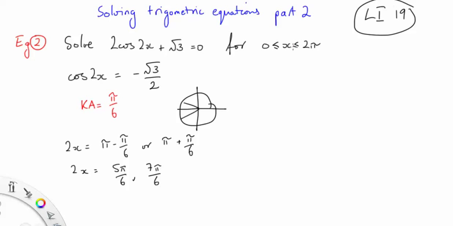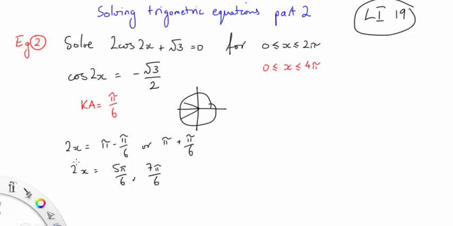What I like to do, it's a bit of a trick, a bit of a shortcut, but it works. I take the coefficient of x and I multiply the numbers in the domain by that coefficient. So here the coefficient's 2, so it's kind of like stretching out the domain. I stretch it out, and then once I'm done I put it back. So I've stretched out the domain.